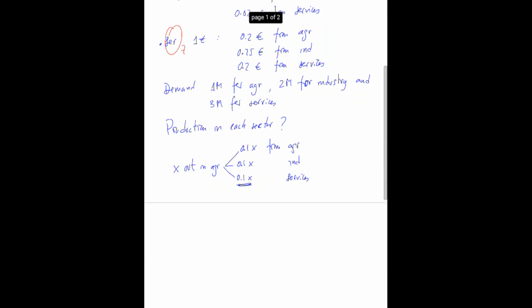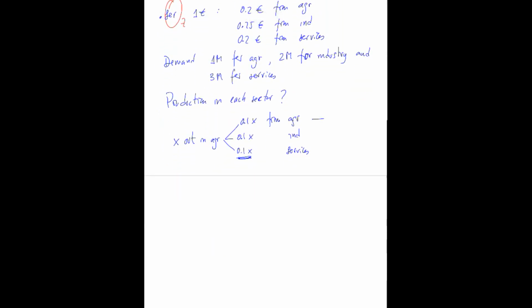For example, this first one comes from agriculture, while this one comes from industry, and the last one comes from services. So setting this up, we have the production in agriculture, industry, and services.